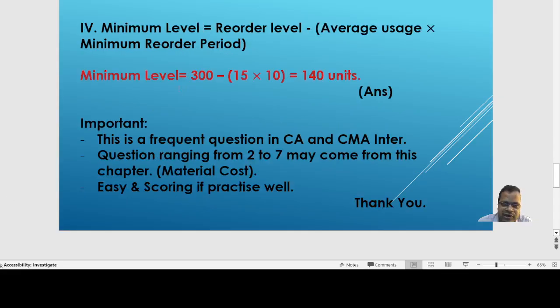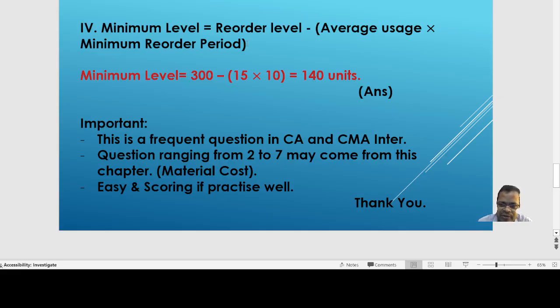So what is the fourth one? Minimum level. Minimum level is reorder level minus average usage into minimum reorder period. What is the minimum level? Beyond this point, if the inventory level goes down, then production gets disrupted. It means the company doesn't have enough inputs to manufacture.